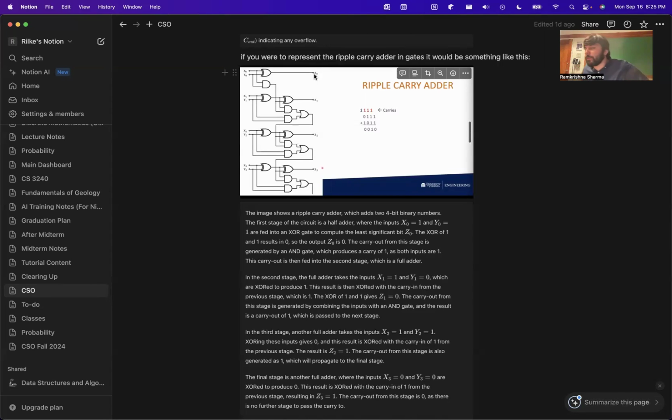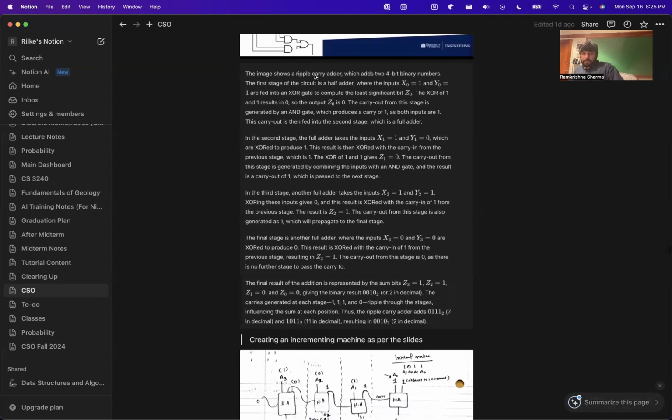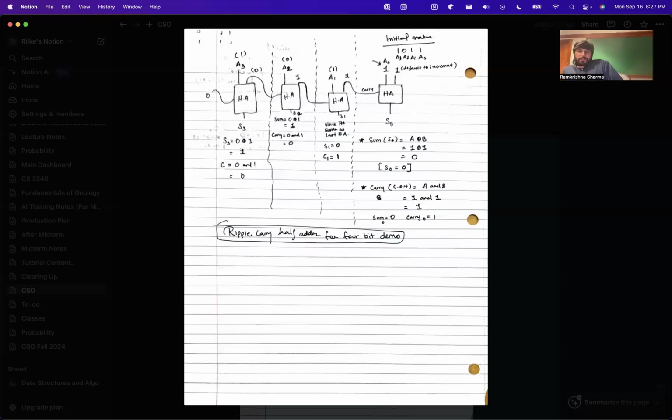A half adder will characteristically only accept two inputs and then output a carry. You don't need a carry in from a previous addition, so you can just tack on a half adder and then multiple full adders so that they can propagate those carries. And this is just a demonstration of that: you have your 1 and 1, and then a half adder, and then the carry comes through.